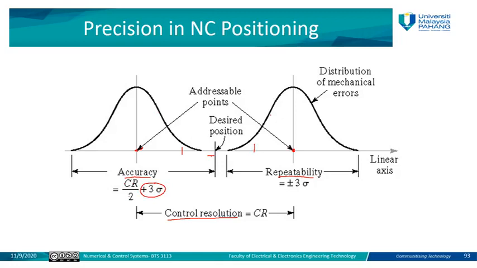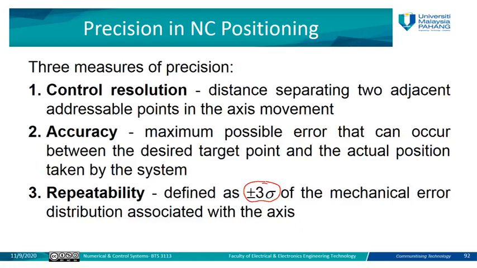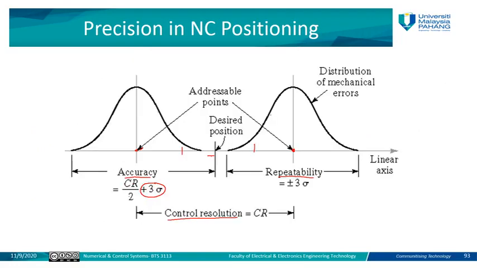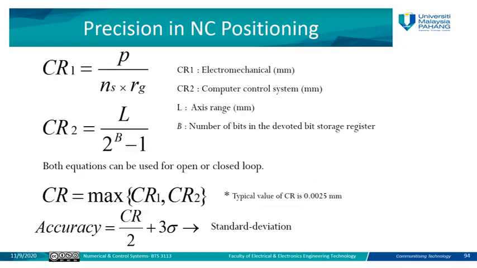These indicators represent measurements used to define how accurate or how reliable the positioning system of NC machines is. I think these are some of the formulas used to define the control resolution, accuracy or repeatability.